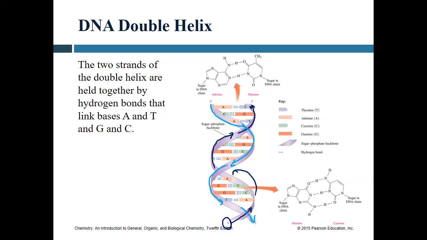And not only are they running in opposite directions, they are still aligned to each other. If I have an A on one strand, I'm going to have a T on the opposite strand. If I have a G on one strand, I'm going to have a C on the opposite strand.